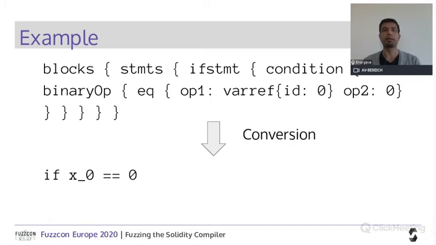As an example, a couple of slides before, I mentioned what the tree of random input generated by libprotobuf mutator looks like. It's shown on the top. On conversion, it should result in a Yul fragment that looks like what the arrow is pointing down to. In other words, a simple if x equals 0.